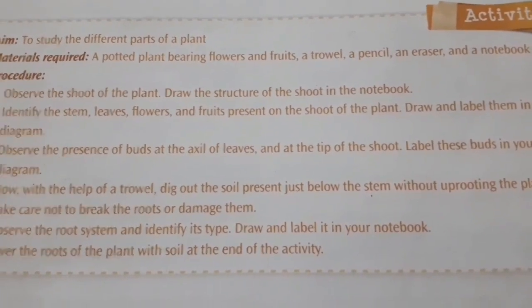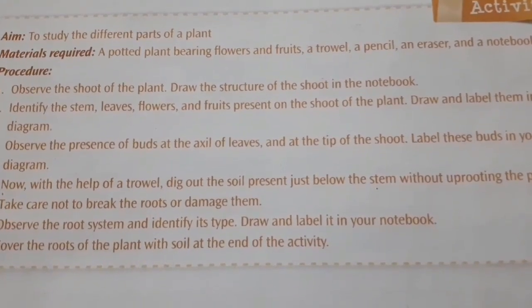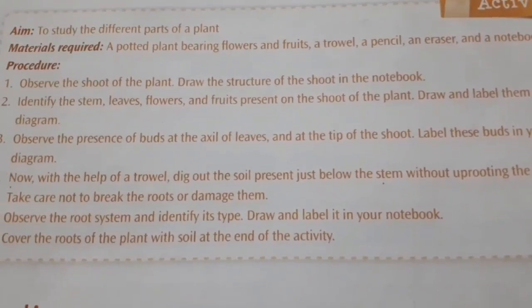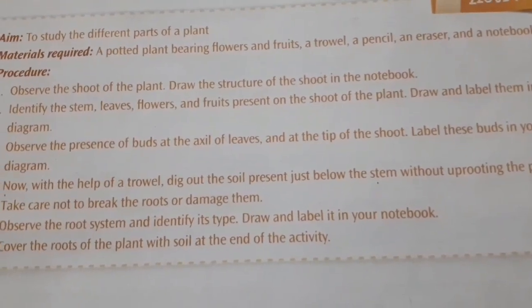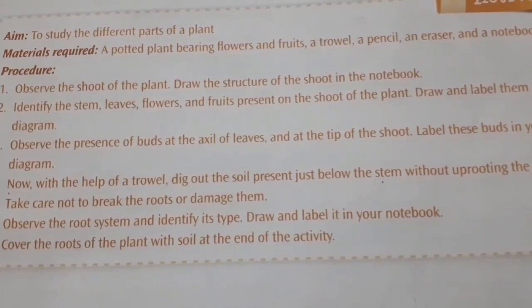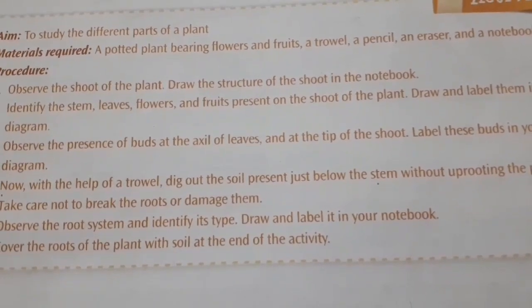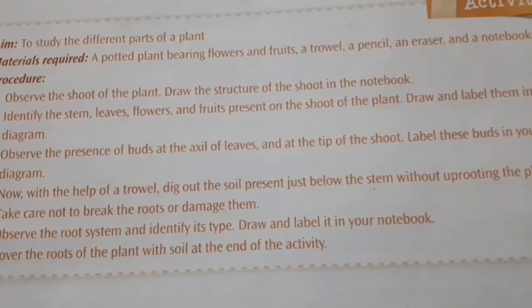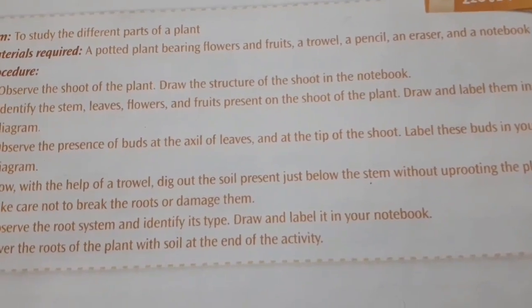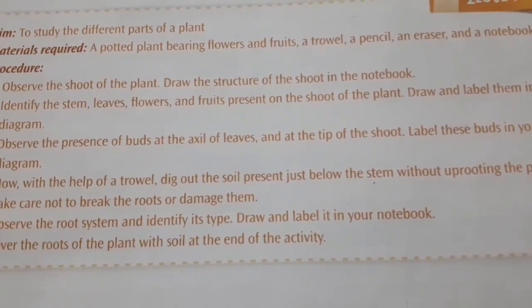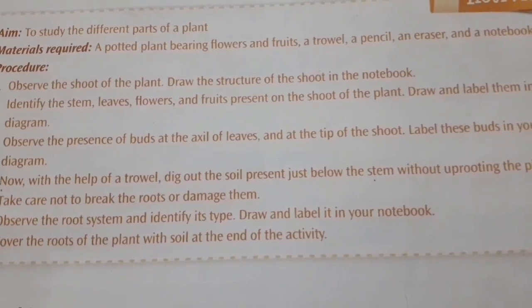First, observe the shoot of the plant and draw the structure of the shoot in the notebook. Then second, identify the stem, leaves, flowers and fruits present on the shoot of the plant. Draw and label them in your diagram.